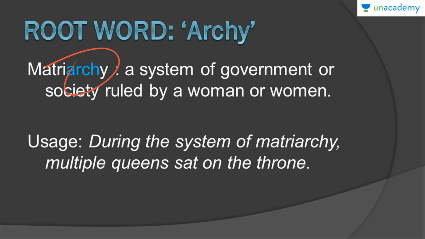And matriarchy is there, so matri is the word for mother. So it's a word used for females. So matriarchy, and patriarchy is for males. Both of these types of governments are antonyms of each other.